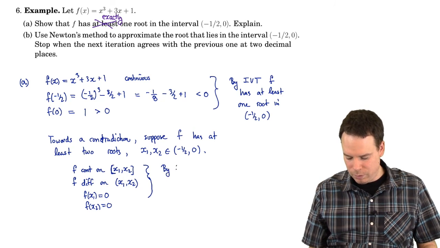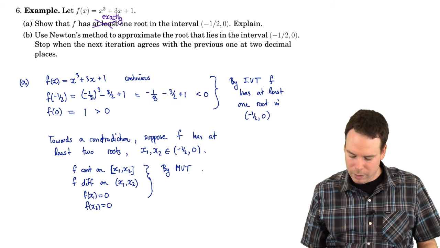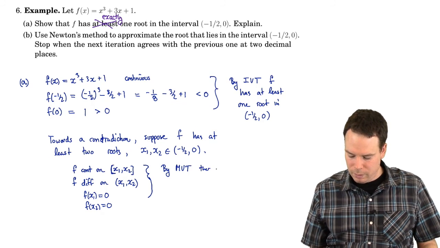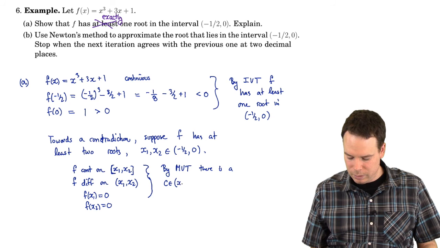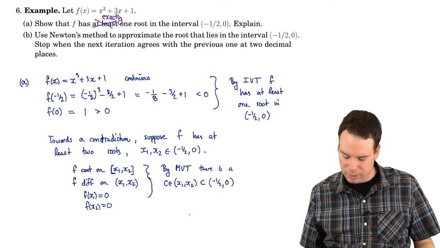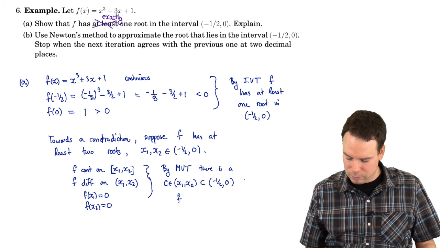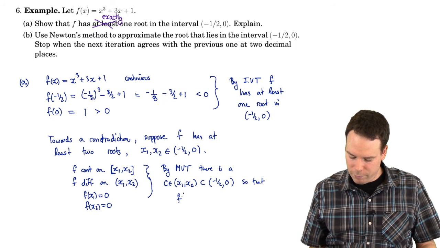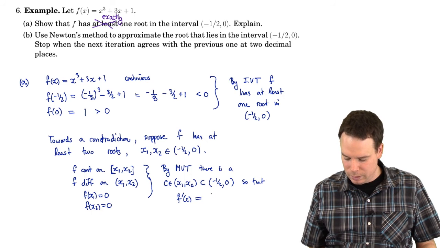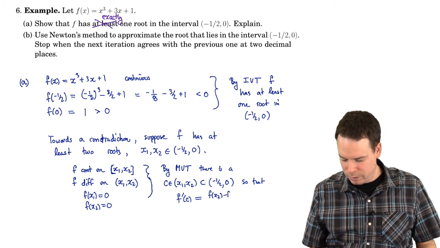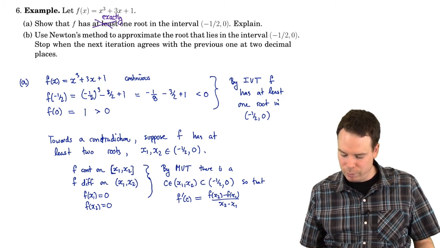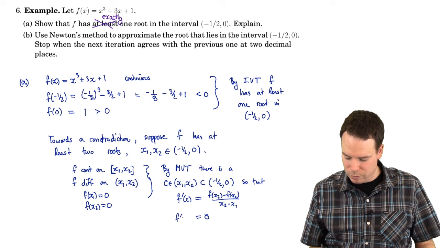So by the mean value theorem, or in particular Rolle's theorem, there is a value c in the interval x1 to x2, which just happens to be a subinterval of -1/2 to 0, such that f prime of c is f of x2 minus f of x1 all over x2 minus x1, but f of x2 and f of x1 were both equal to 0. So there's a place where the derivative is 0.